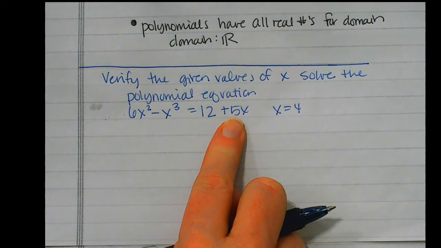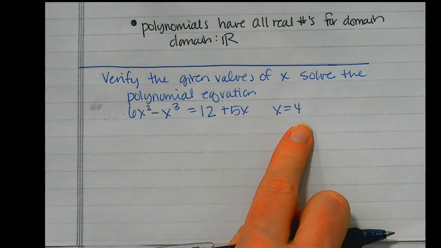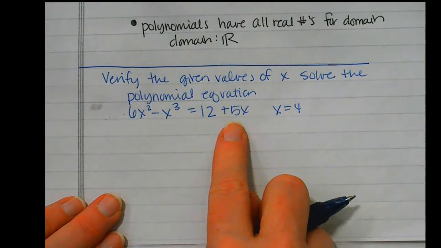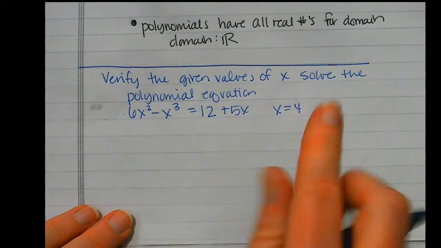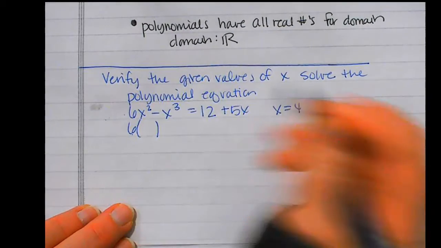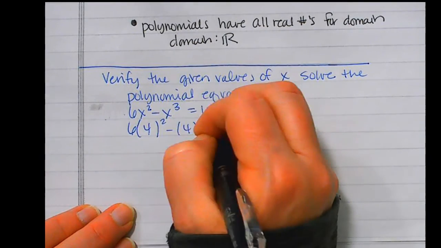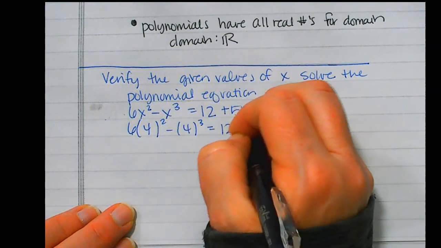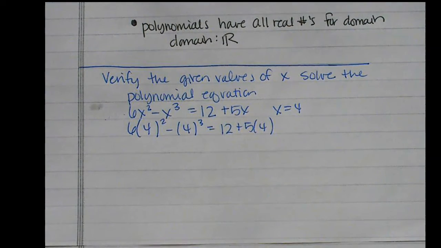That indicates that they intersect somewhere, but right now in our directions, we just want to verify that 4 works. So really all you have to do is substitute it in. You're given a value, you need to see if it works and show the math for that. So you're going to write 6 times 4 squared minus 4 cubed, equals 12 plus 5 times 4.